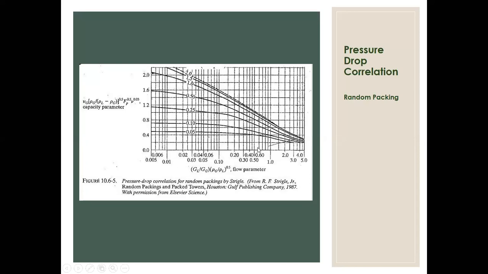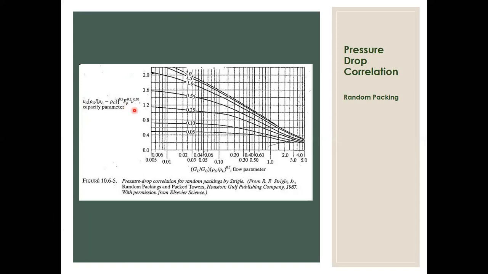By the way, this is an empirical graph, and we will find the corresponding capacity parameter here on the y-axis. So we need 2 data, the delta P and this flow parameter, to be able to get the capacity parameter. The capacity parameter gives us the linear velocity, the one that I'm pointing to.